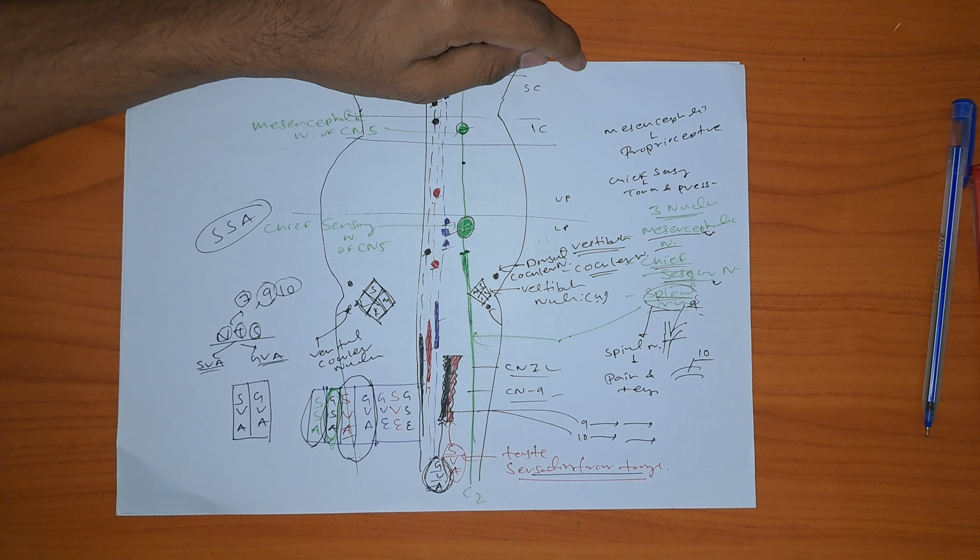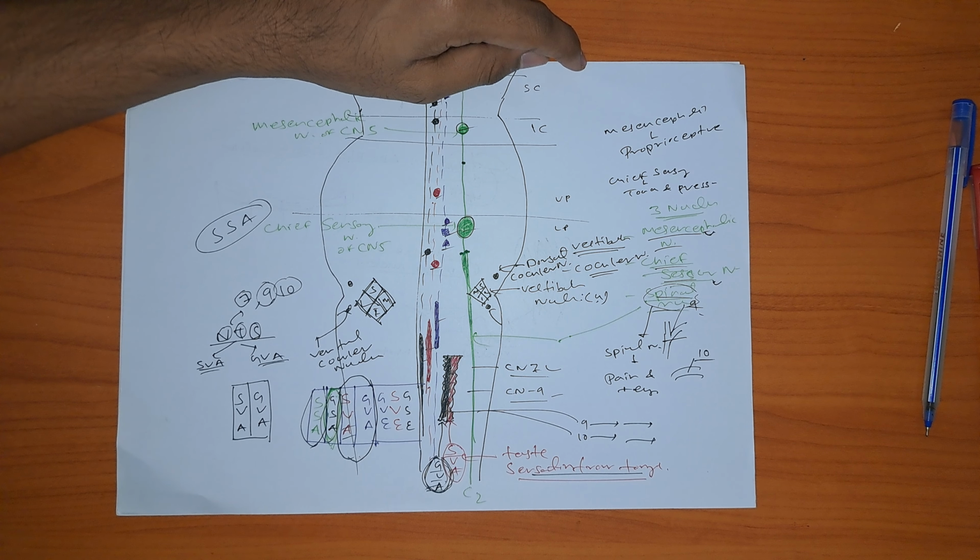Now I will talk about cranial nerve 5. Cranial nerve 5 has a total of 4 nuclei. One is the motor nucleus of the trigeminal nerve, and second is the mesencephalic nucleus of the trigeminal nerve.